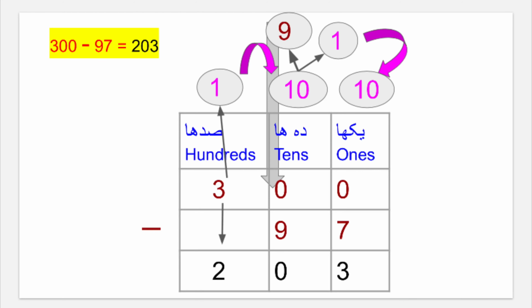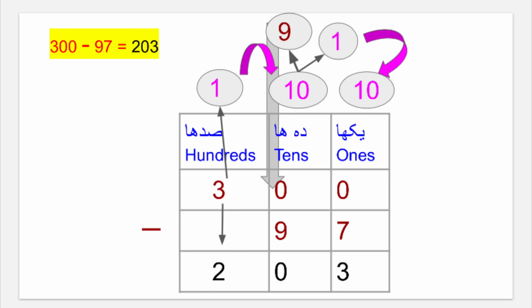And now we have 10 in the tens, and I'm going to take 1 ten from the tens to the ones. In the pink color I showed that 1 ten is making 10 ones, and the remaining is 9. I showed them in the red color. So now we have 10 ones. We can now take 7 ones from the 10. The result is going to be 3.